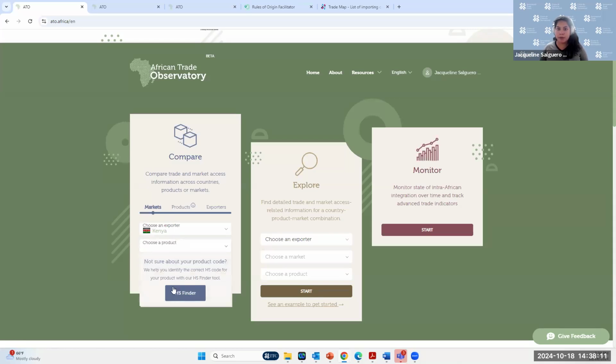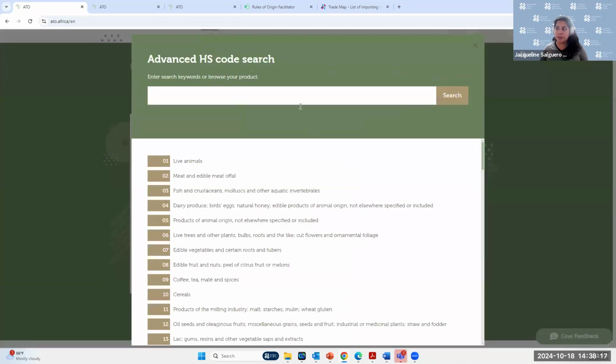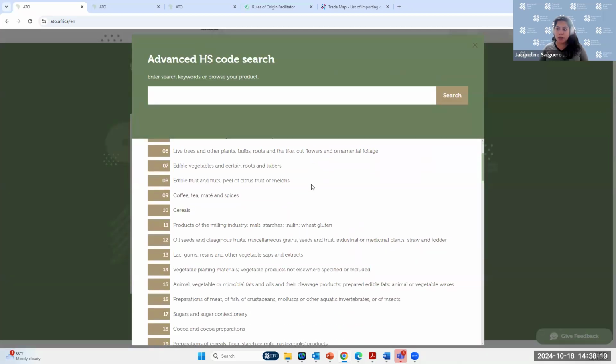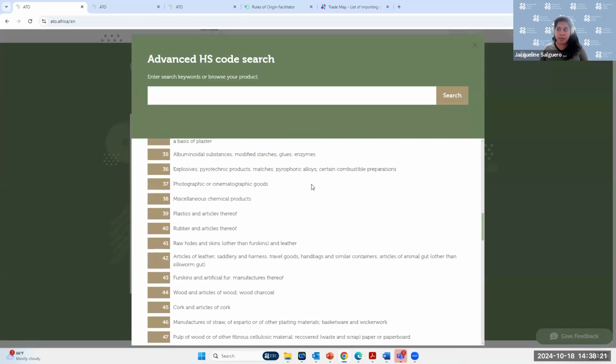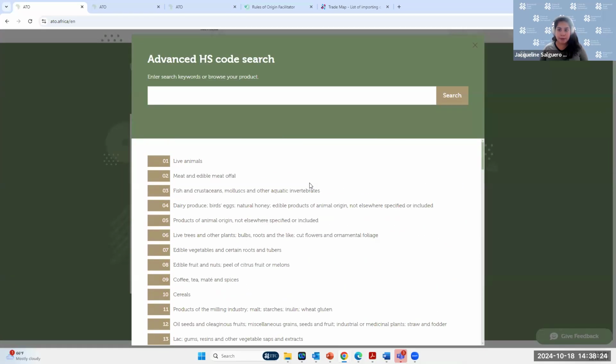So here we have an option called the HS Finder, where you'll be able to identify your code. You can click on HS Finder, and it will show you all the different codes that are available in the harmonized system. Just for your reference, there are a bit more than 5,000 codes available.